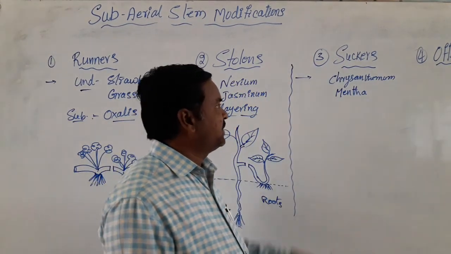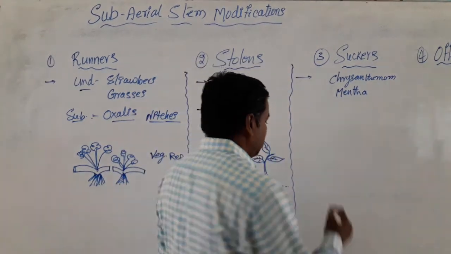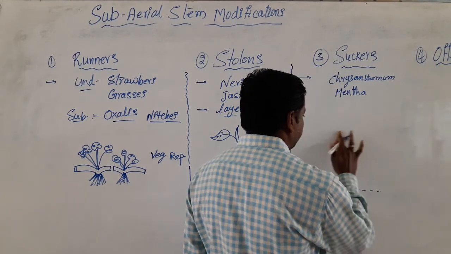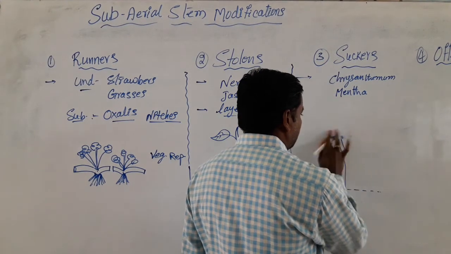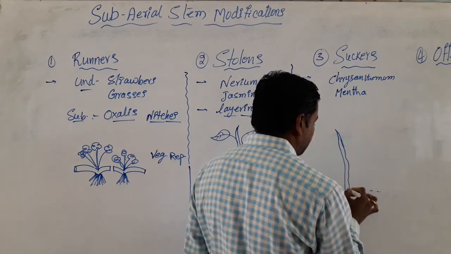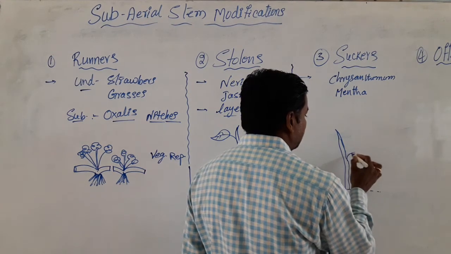In this type of plants, the stem is partly aerial and partly underground, like this. This is the aerial part of the stem, and this is the underground part, and these are the roots.